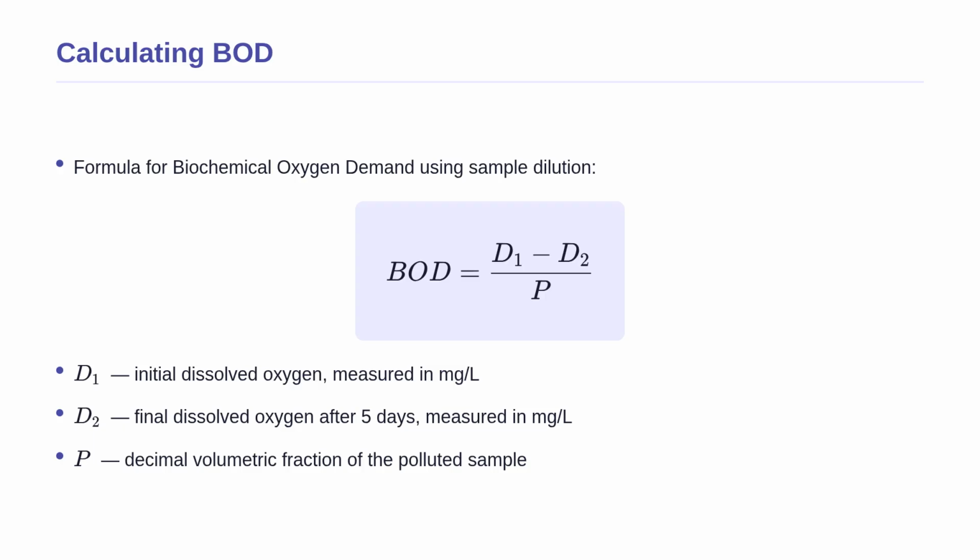D1 represents the initial dissolved oxygen concentration of the diluted sample, measured in milligrams per liter. D2 is the final dissolved oxygen after the 5-day incubation. P is the decimal volumetric fraction, which is simply the volume of polluted water divided by the total volume. If the initial oxygen is very high and the final oxygen is very low, the numerator becomes large, resulting in a high BOD.